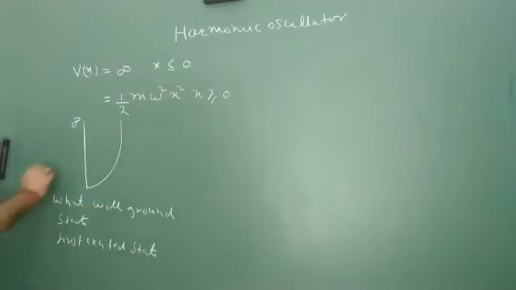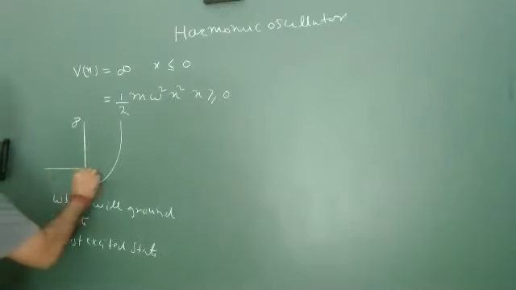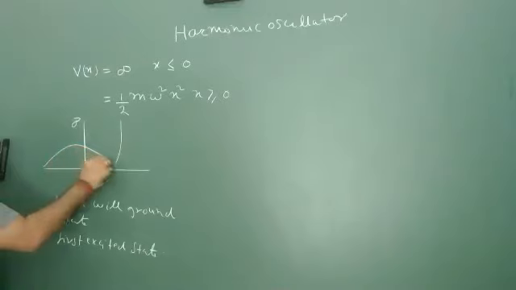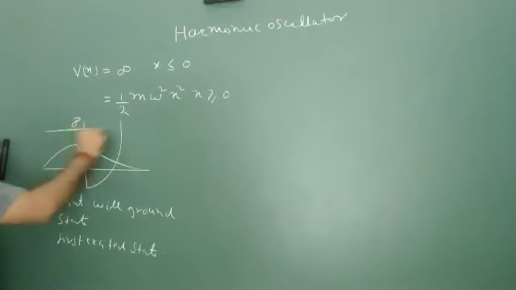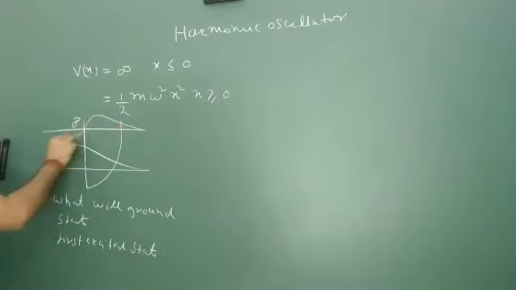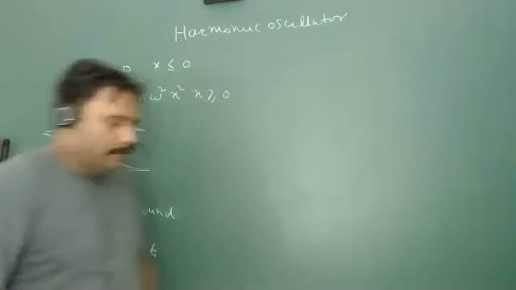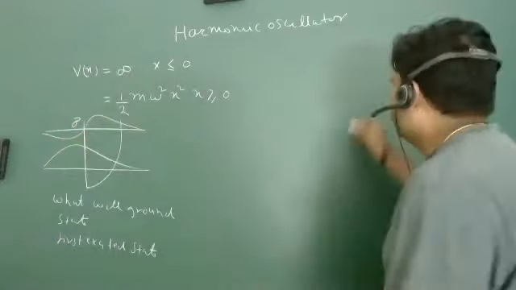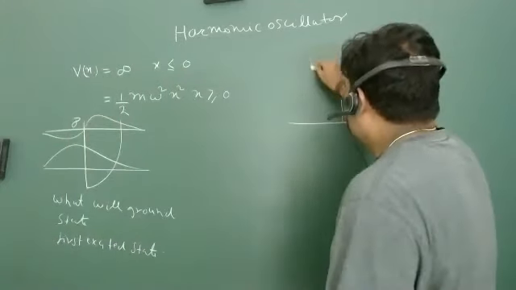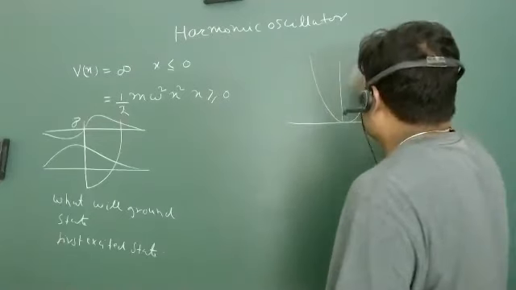But what is the problem? Suppose we plot the ground state. The ground state will be something like this. The first excited state will be something like this. Why am I plotting like this? Just to go for the actual harmonic oscillator part. So this is my exact harmonic oscillator.